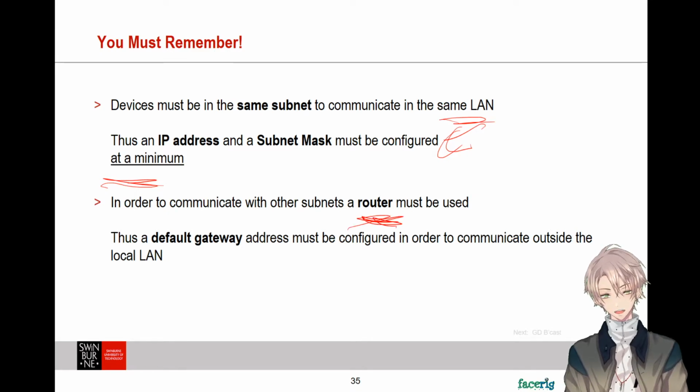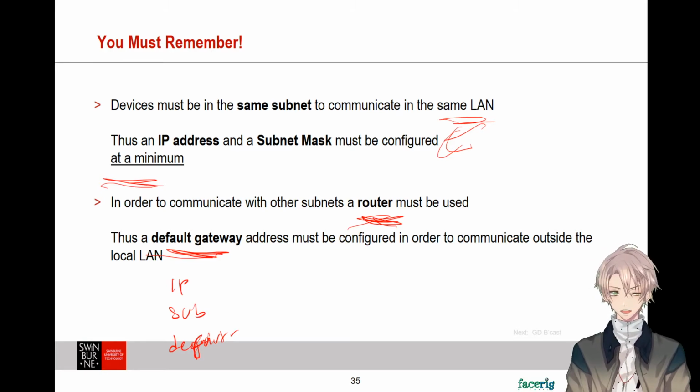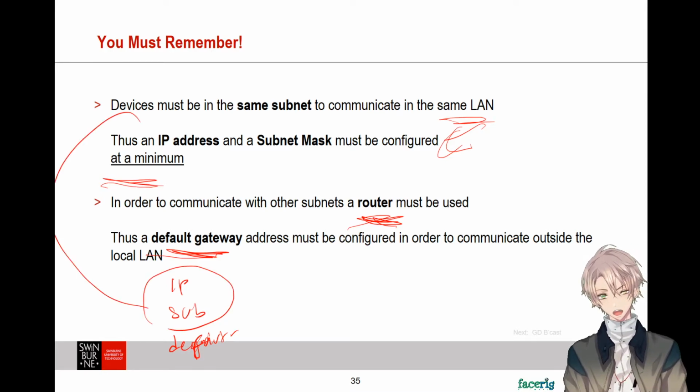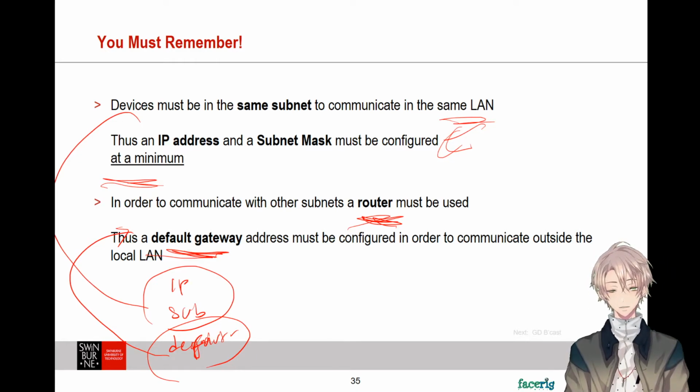So a default gateway address must be configured in order to communicate outside the local LAN. So remember your IP address settings: you have your IP address, your subnet mask, and your default gateway. Configure the first two for LAN, and the default gateway if you want to communicate with devices outside of your network.